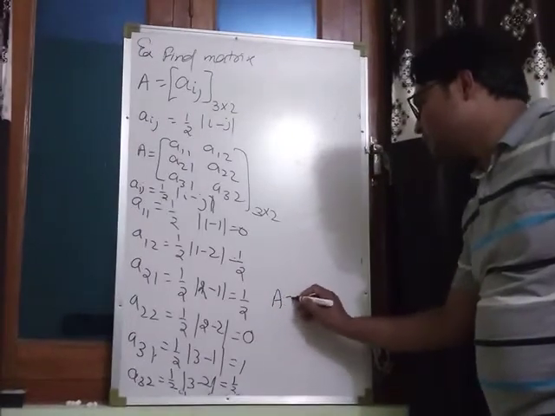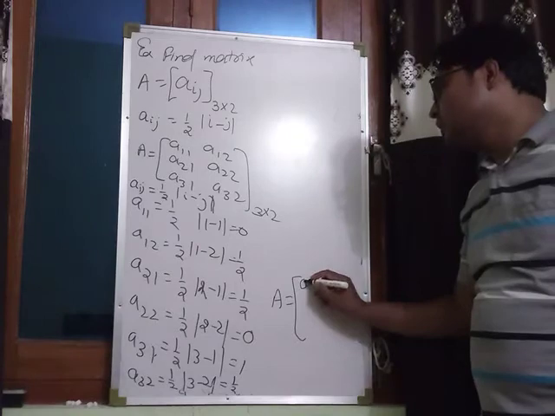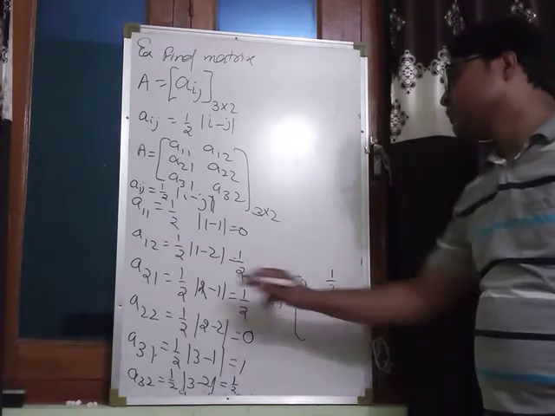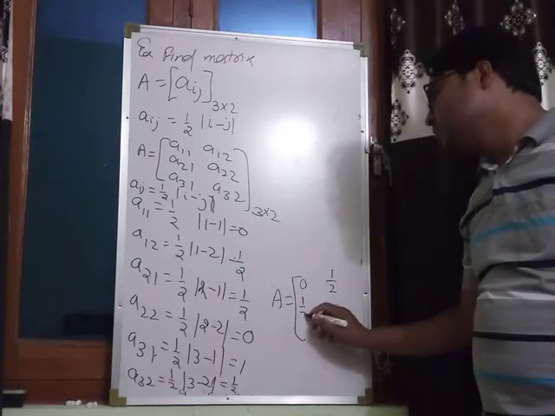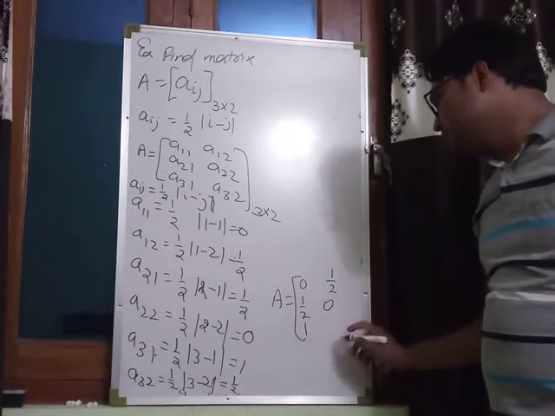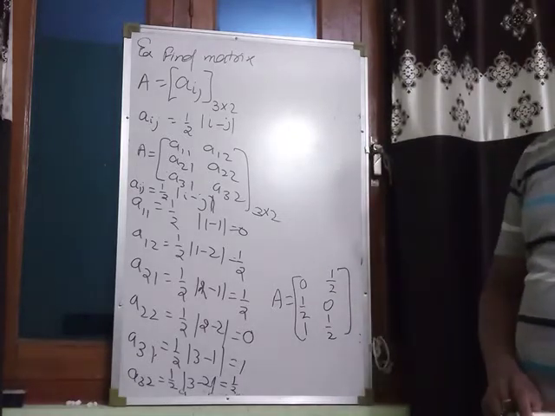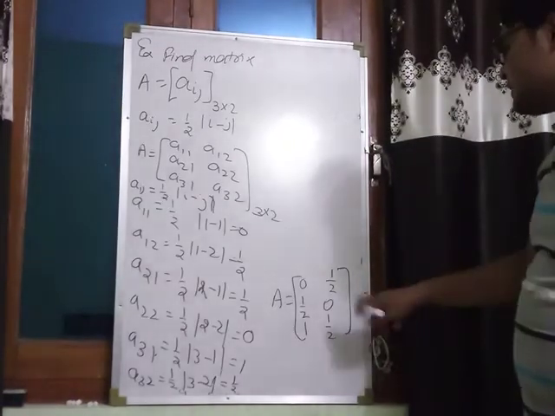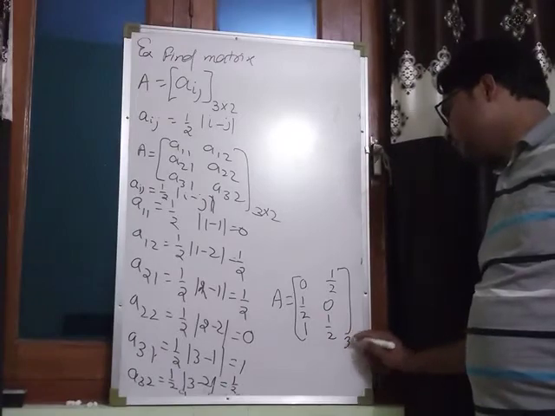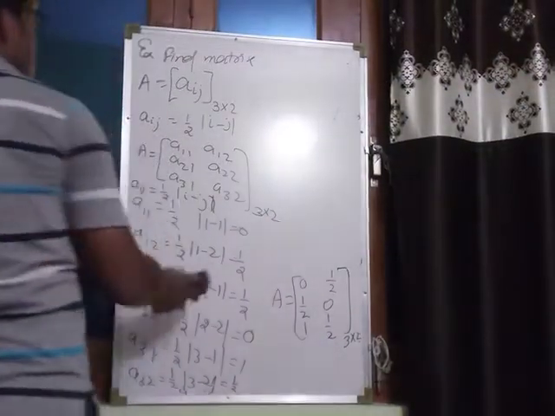Then that matrix will be nothing but A11 0, A12 1 by 2, A21 1 by 2, A22 0, A31 1, A32 1 by 2. That is the required matrix. Okay, what is its order? 3 by 2. Okay, another question based on matrix.